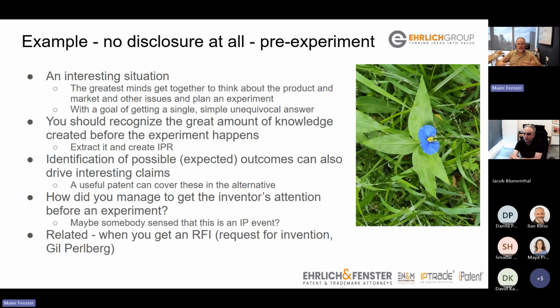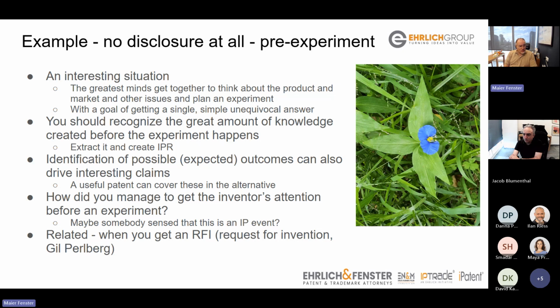There's a lot of knowledge created before the experiment happens. Definitely you can extract it. They know everything. You can extract it, and often you can get valuable IP. For example, you can identify what are the 4 possible outcomes, write a patent to cover all 4 outcomes, and then continue only with the ones that actually happen.